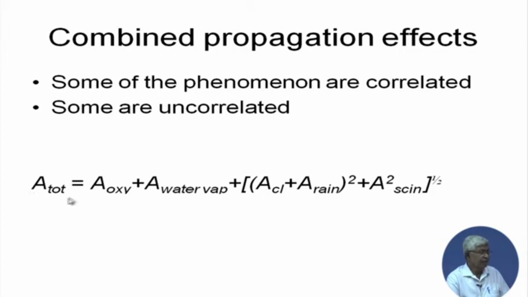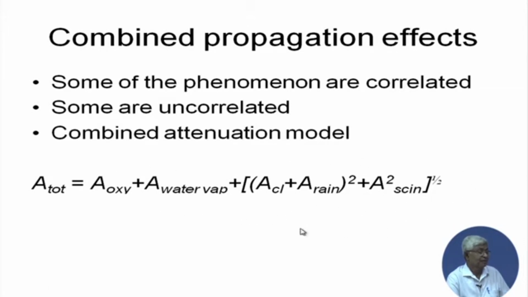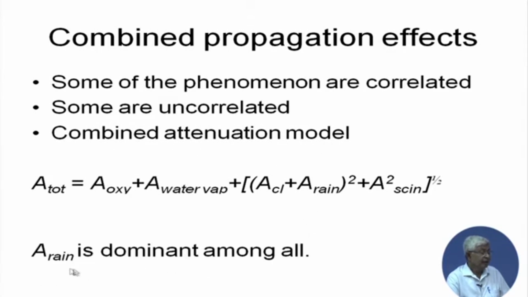So, there is a model where the total attenuation can be framed as attenuation due to oxygen plus attenuation due to water vapor plus attenuation due to cloud and rain squared plus attenuation due to scintillation squared, and the whole thing under a square root. This is a combined attenuation model, and rain out of that is most dominant for our frequency of interest right now.